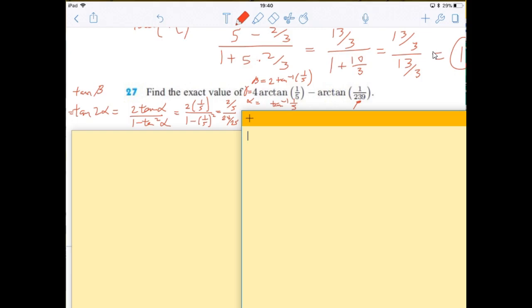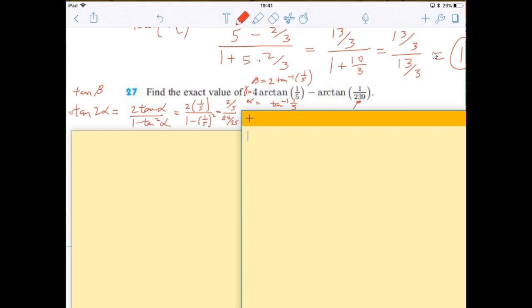I'm going to call that gamma. Half of that, which would be 2 arctangent 1/5, I'm going to call beta. And 1/4 of that, which would be 1 arctangent 1/5, I'm going to call alpha. So alpha is 1 of those, beta is 2 of those, and gamma is 4 of those. Then this angle here, arctangent of 1 over 239, I'm going to call rho. It looks kind of like a P.